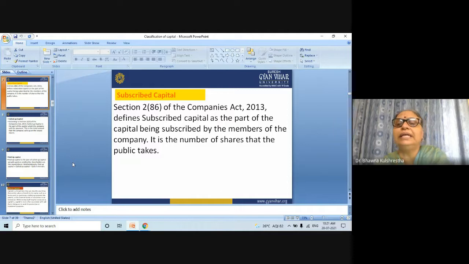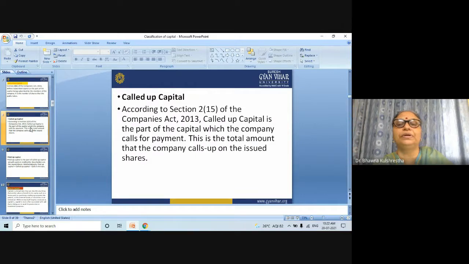And the next capital is called up capital. Called up capital, according to Section 215 of the Companies Act 2013, is the part of the capital which the company calls for payment.